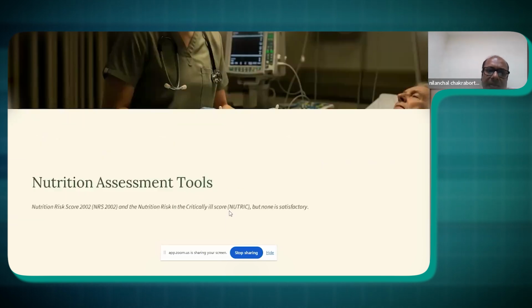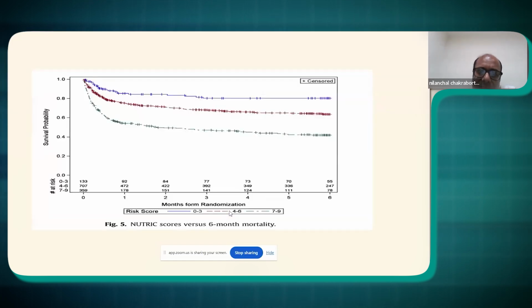So there are some nutrition assessment tools, and nowadays most commonly we use the Nutric score or modified Nutric score or NRS 2002. If the facilities are there, we measure interleukin 6, but otherwise we measure other clinical and biochemical parameters to assess the nutritional assessment goal of the patient. As you can see, if you assess with a Nutric score without interleukin 6, there is a cutoff of 5, less than 5 or more than 5.